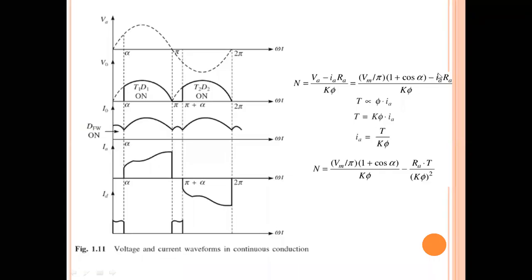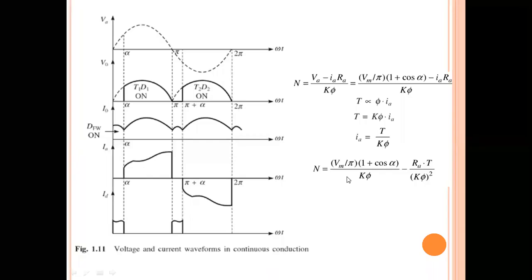Now substitute this IA in the equation so that you will get the relation between speed and torque. So N is equal to Vm by pi into 1 plus cos alpha by K phi, minus Ra into T by K phi whole square. So this is the speed torque relation.